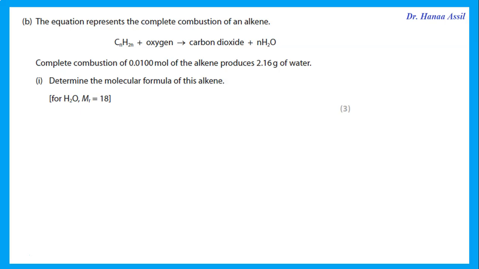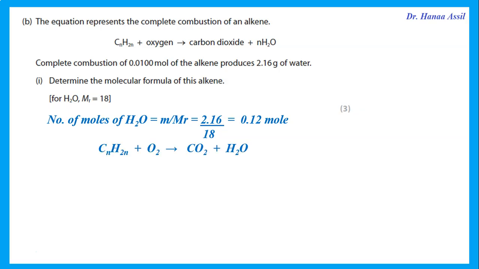What was the alkene? Well, if it produces 2.16 grams of water, then the first thing I should do is get the number of moles of water. And you should know number of moles is mass over molecular mass. So the mass we're given over the molecular mass of water gives 0.12 moles of water.